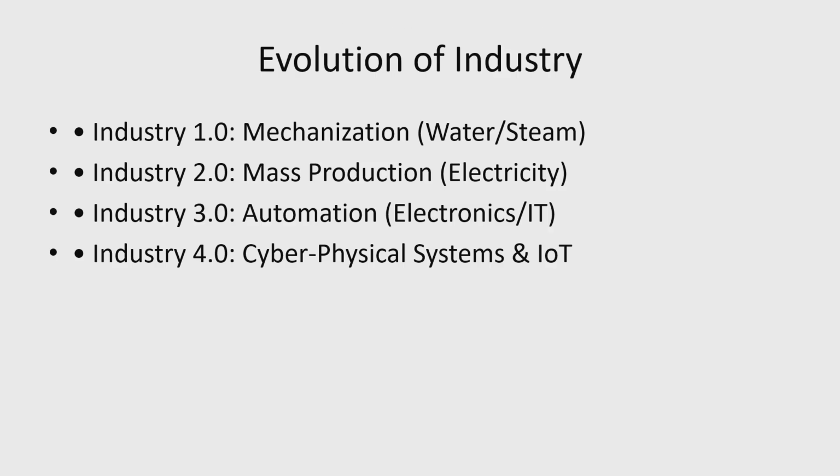But before we discuss more about this, let us see how this concept of a smart factory came about, which is one specific feature of Industry 4.0. Industry 1.0, as you know, deals with mechanization.